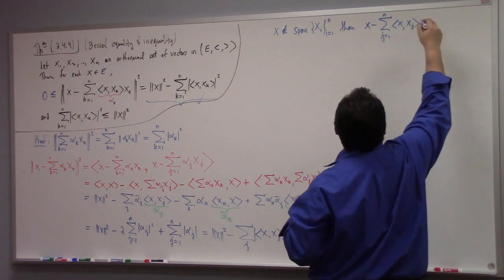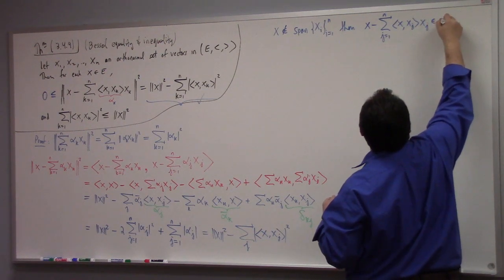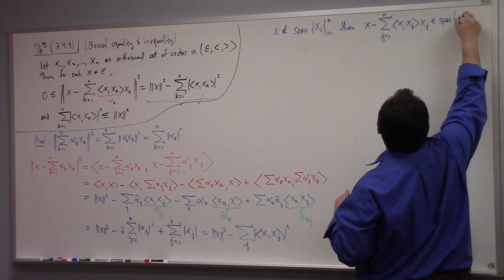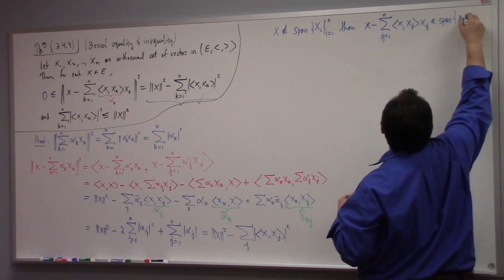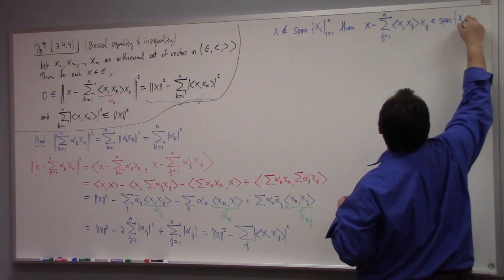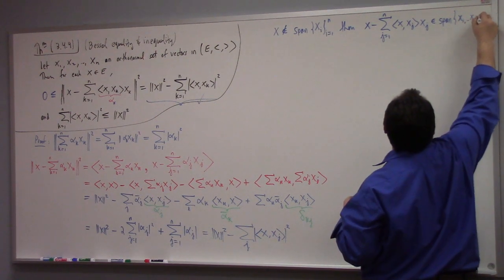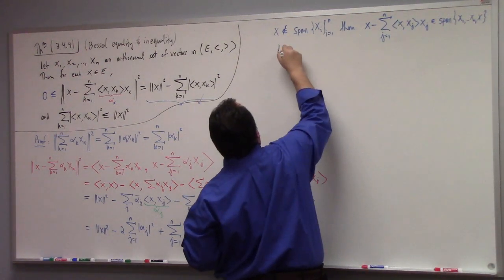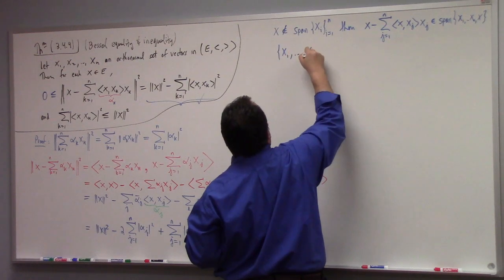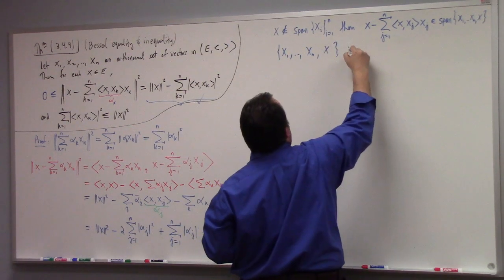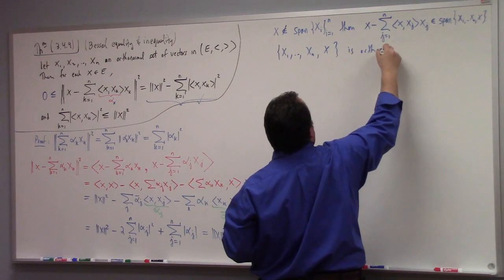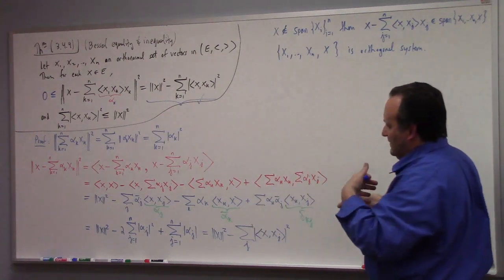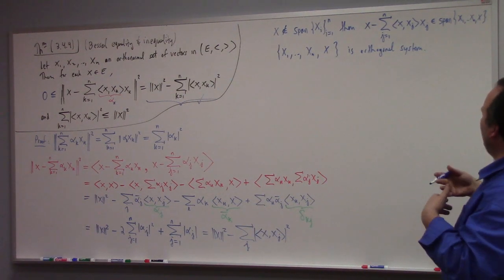Is an element of the span of x1, xn, and x as well. And also, then the set x1, xn paired with it is an orthogonal system.